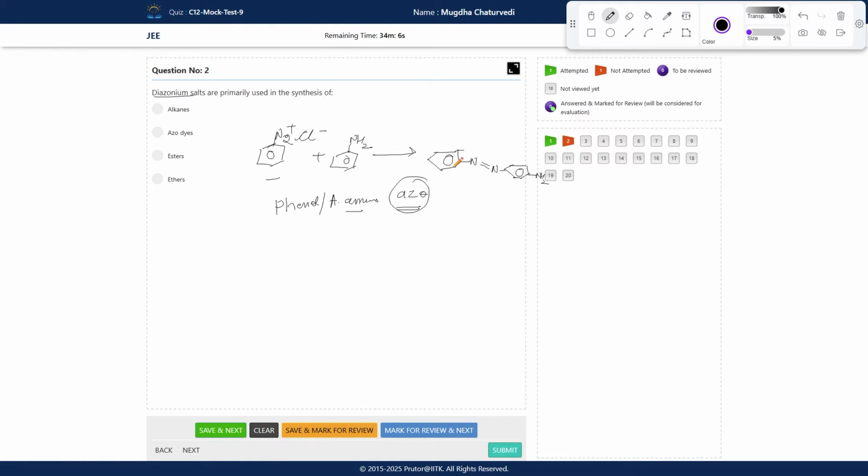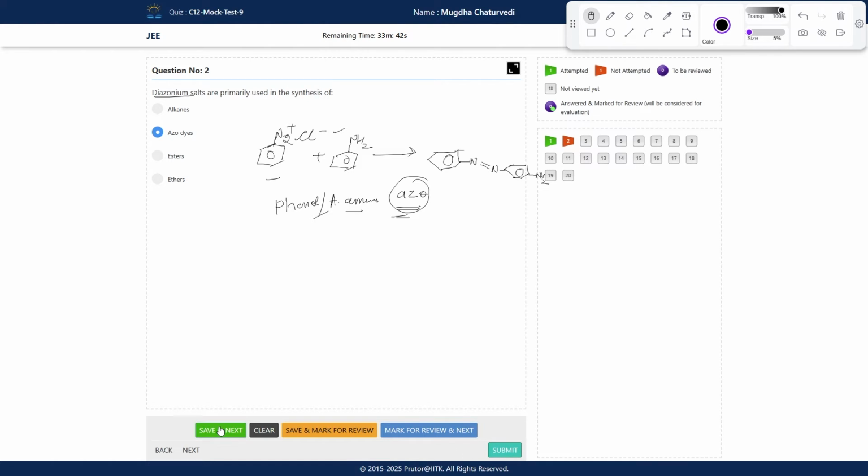So when you treat aromatic diazonium salts, they undergo coupling reactions with aromatic amines or phenols to form azo compounds. So the correct answer for this question will be B, that is azo dyes. So these azo dyes are basically brightly colored.